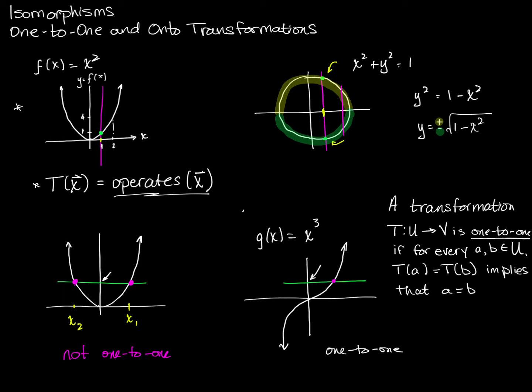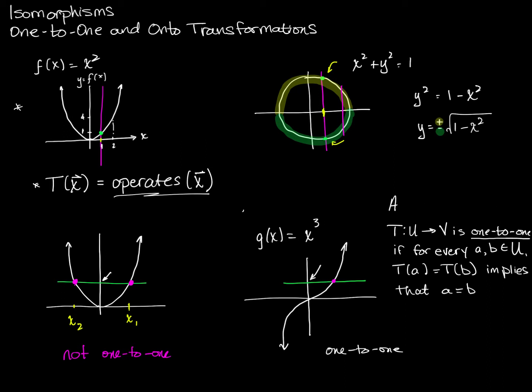For every A and B in U, so for everything that's in the domain of the transformation, if transforming A and transforming B are equal, in other words, if the output when you plug A in and the output when you plug B in are equal, then that means that the inputs also have to be equal.